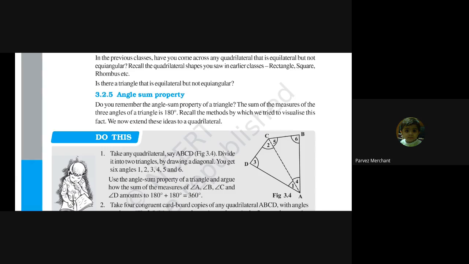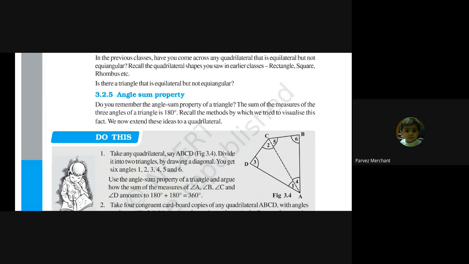The sum of the three angles of a triangle is 180 degrees. So if you have any polygon, what we have to do, first of all, we divide this polygon into triangles, and then after we find the total angle of the polygon.